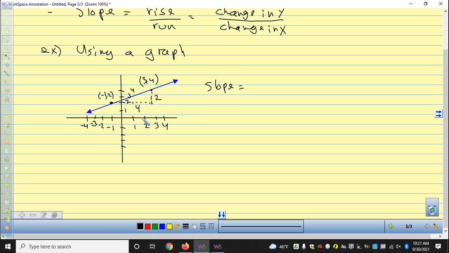So the slope is 2 over 4, which is 1/2. So to find the slope using a graph, you're just counting spaces to find your rise, and counting spaces to find your run. The rise is the up, the run is the left or right.